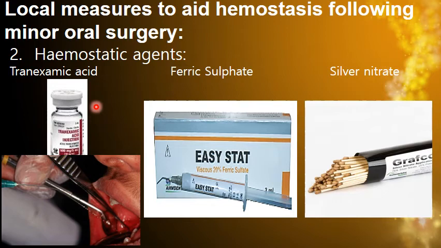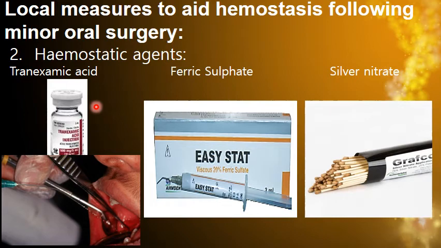After the formation of the fibrin clot, any premature lysis of this fibrin clot will lead to return of the bleeding. So tranexamic acid will inhibit any fibrinolysis, which means keeping the fibrin clot for more time.